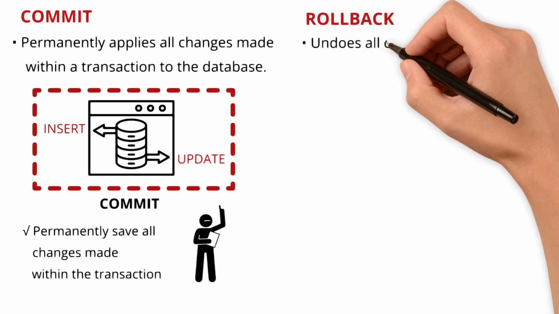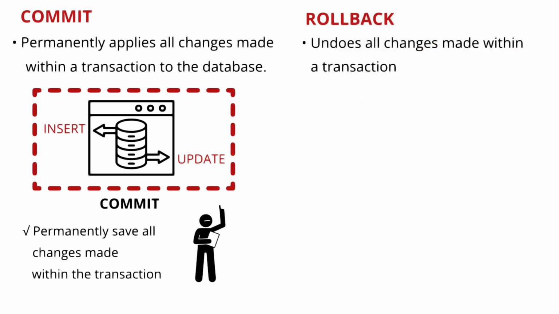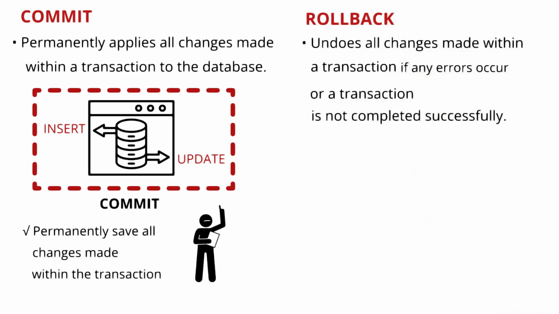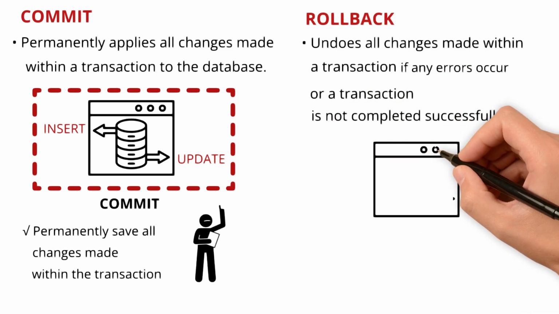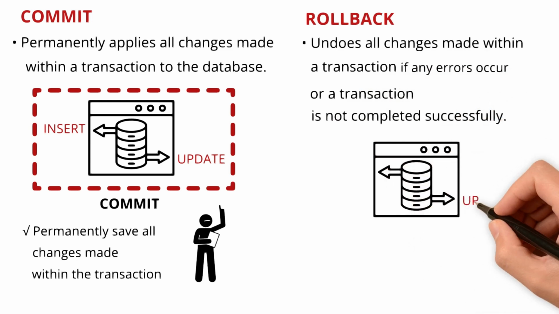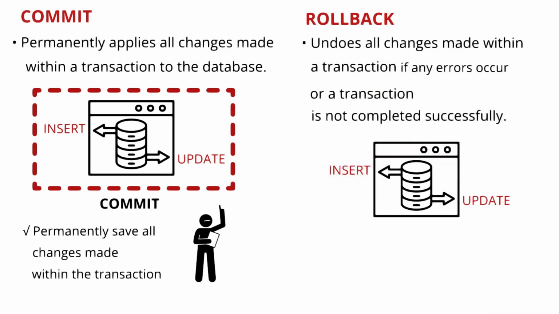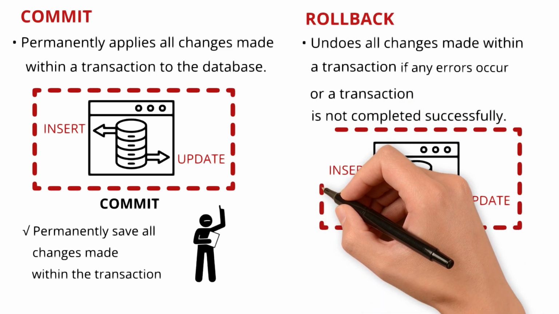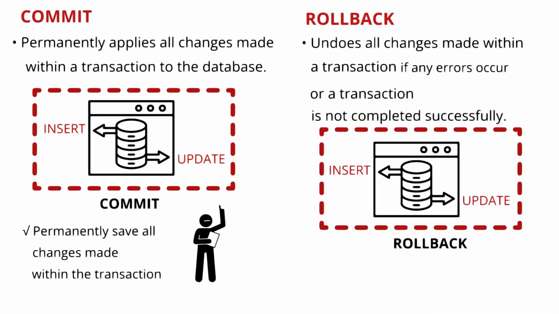It undoes all changes made within a transaction if any errors occur or a transaction is not completed successfully. Similar to the previous example for commit, here you have written an update statement or an insert statement. Then if you roll back, it reverts all changes since the transaction will not be successful due to some error.